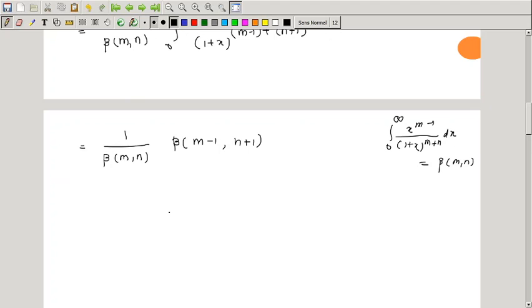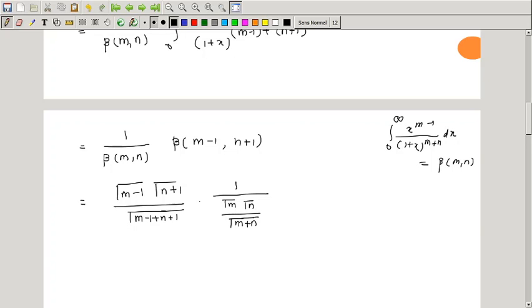By simplifying this using the gamma function, this is gamma(m-1) gamma(n+1) divided by gamma(m-1+n+1), into 1/B(m,n), that is gamma(m+n) upon gamma(m) gamma(n).